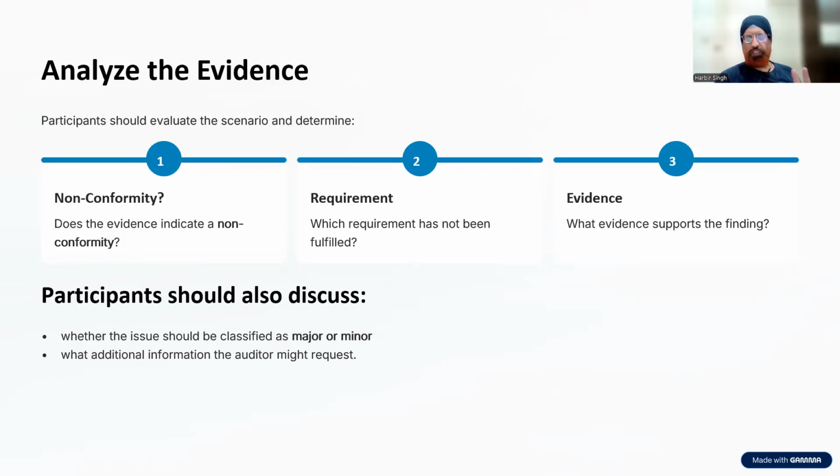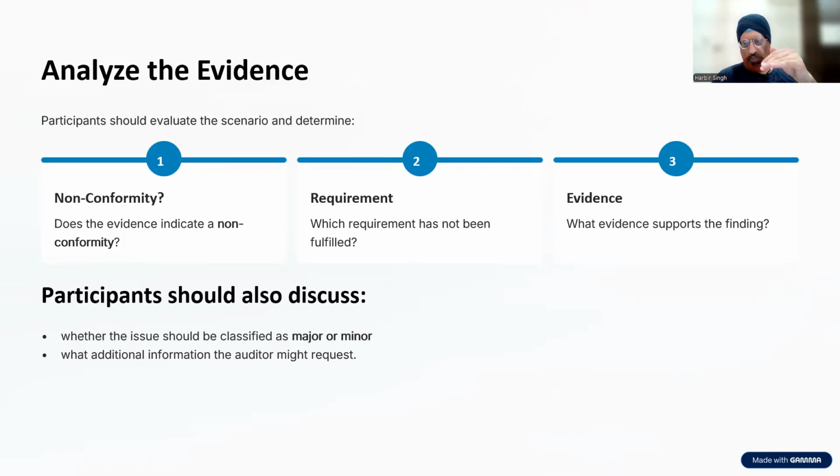That is one. What else you have to discuss? What additional information the auditor might request. I'll tell you one scenario. In a real-life auditing environment, there might be a lot of questions coming to you. Why do you think this is a non-conformity? What kind of evidence have you identified? Can you show me an example? Can you show me how this links with the requirements? Can you tell us which requirement is being challenged by this non-conformity?